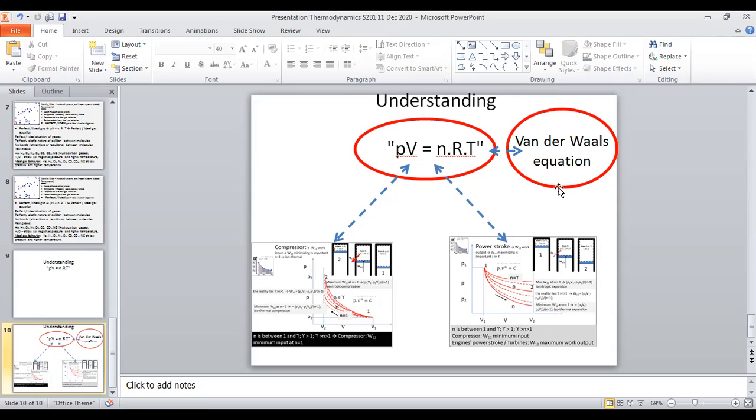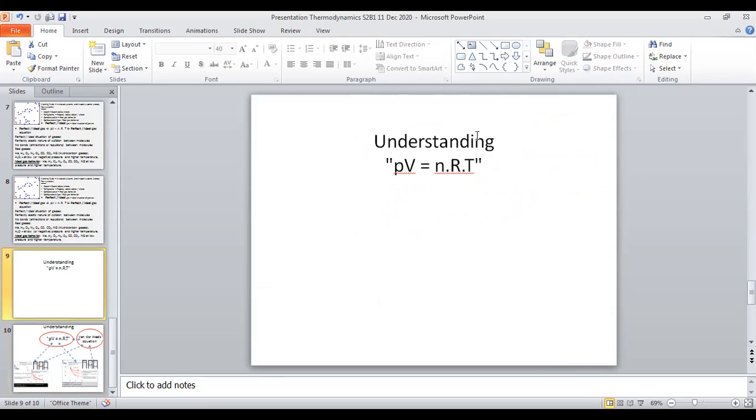And then also using this van der Waals equation in these applications, then you are done. Okay, so this mind map says a lot of things. Of course, this is based on understanding PV equals nRT.